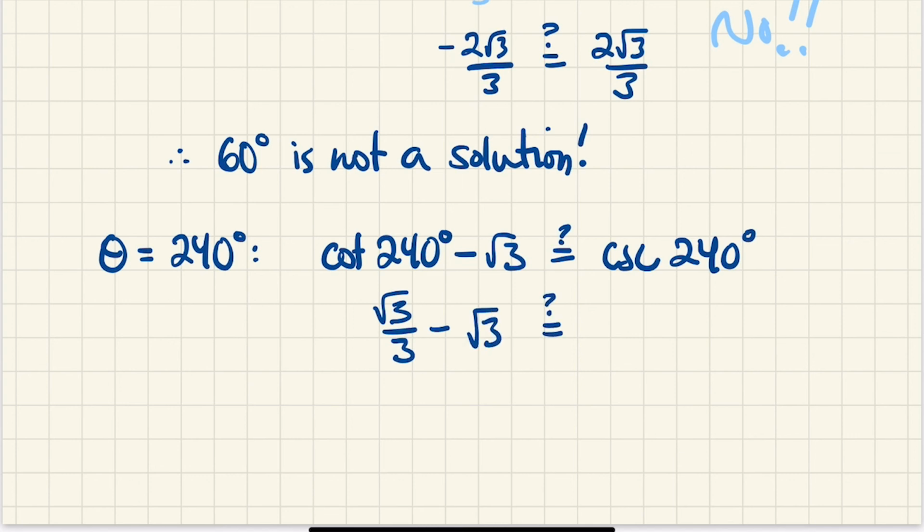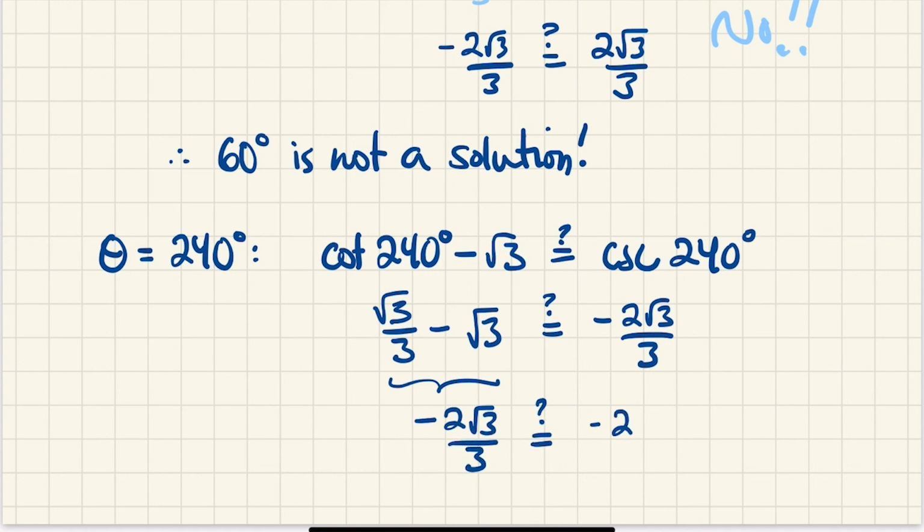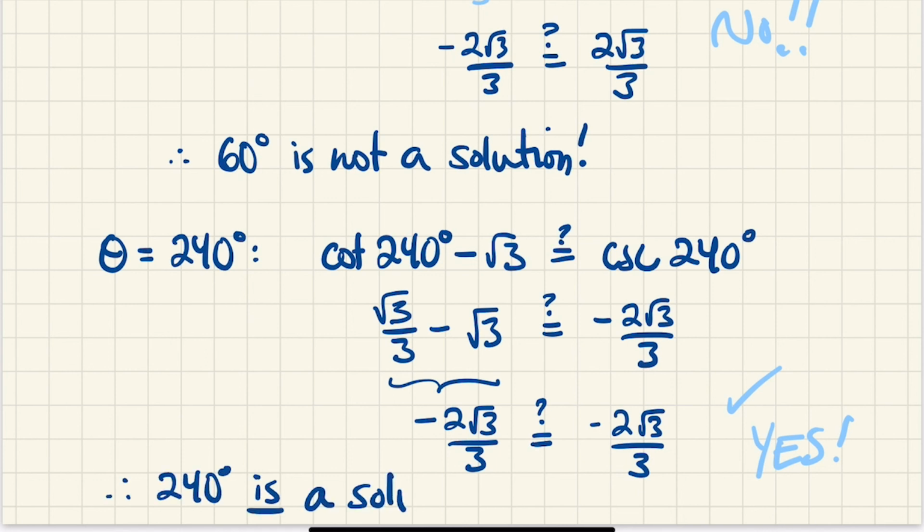And cosecant of 240 degrees, well, again, this is quad 3. Cosecant's negative in quadrant 3, so this is going to be negative 2 rad 3 over 3. And this left-hand side is still going to evaluate, as it did before, to this. And this time, we have a winner. So 240 degrees is a solution.